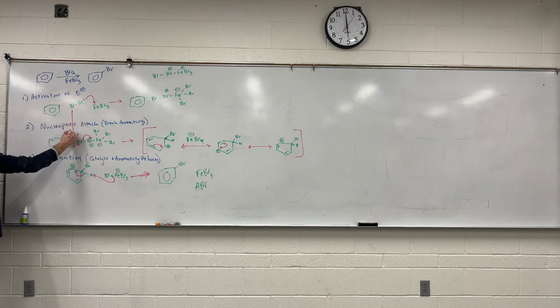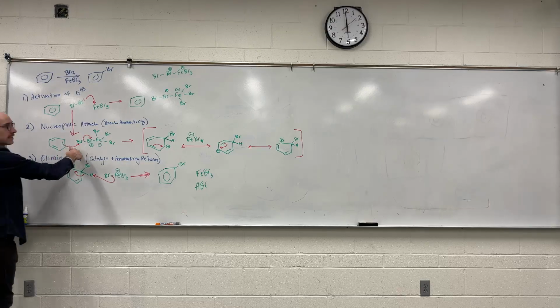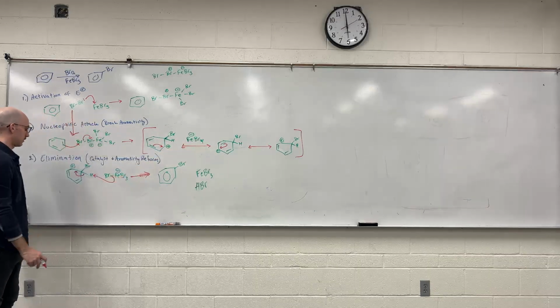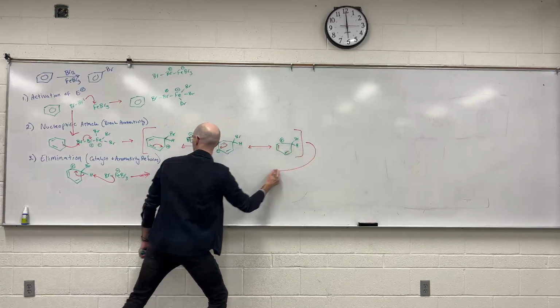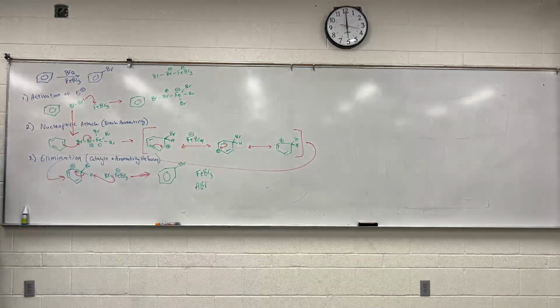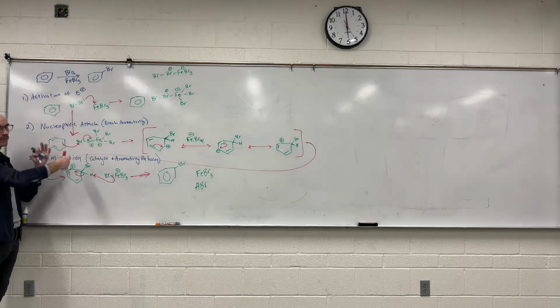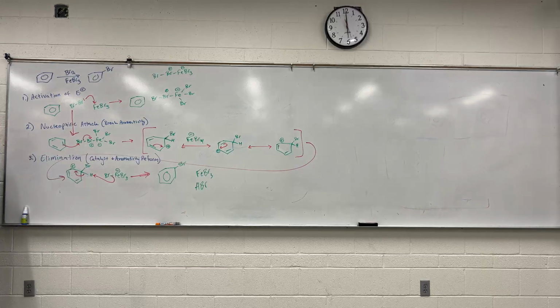Activation of electrophile, nucleophilic attack. How am I going to do that? Elimination. It's all continuous. There is no right time or wrong time to draw the resonance forms. Anytime you have a resonance stabilized intermediate, all resonance forms exist at the same time.